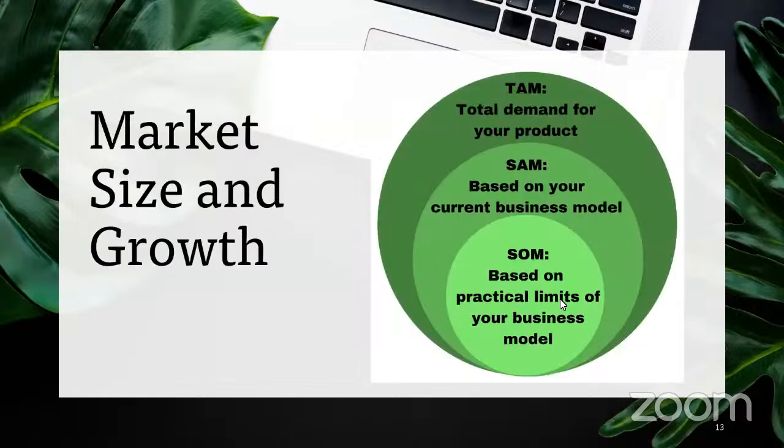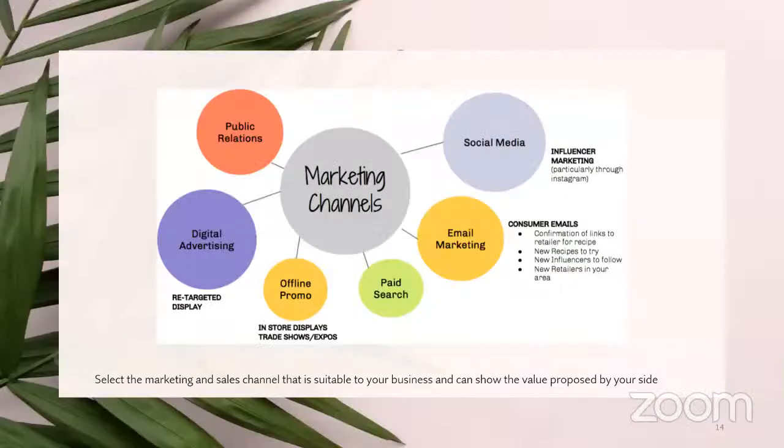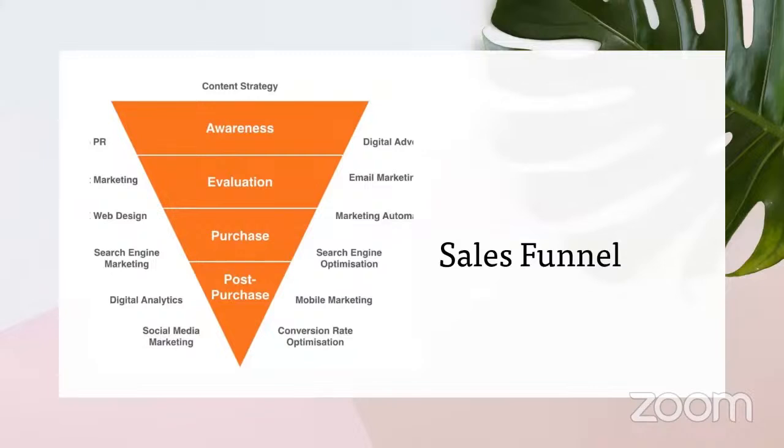So you can find these interesting words about the TAM, SAM, and SOM. Finally, you're selecting your channels and discuss them really in details, and you show your sales funnel.